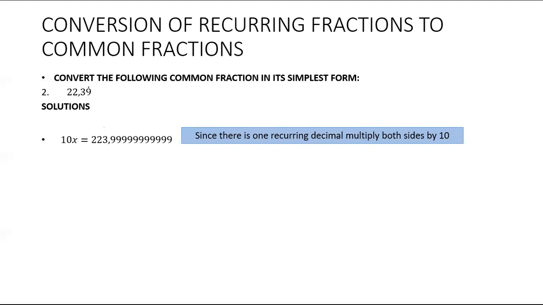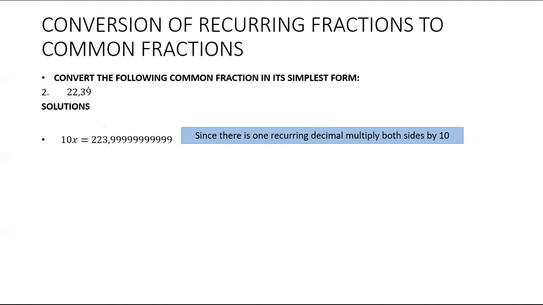Since there's only one recurring decimal, I'm going to multiply that by 10. So I'm going to multiply both sides by 10. Please note that on the left-hand side I've got 10x. It means that that 10x will be multiplied by 10. On the right-hand side, I've got 223,9999. That means that 223,999999, etc., will be multiplied by 10.